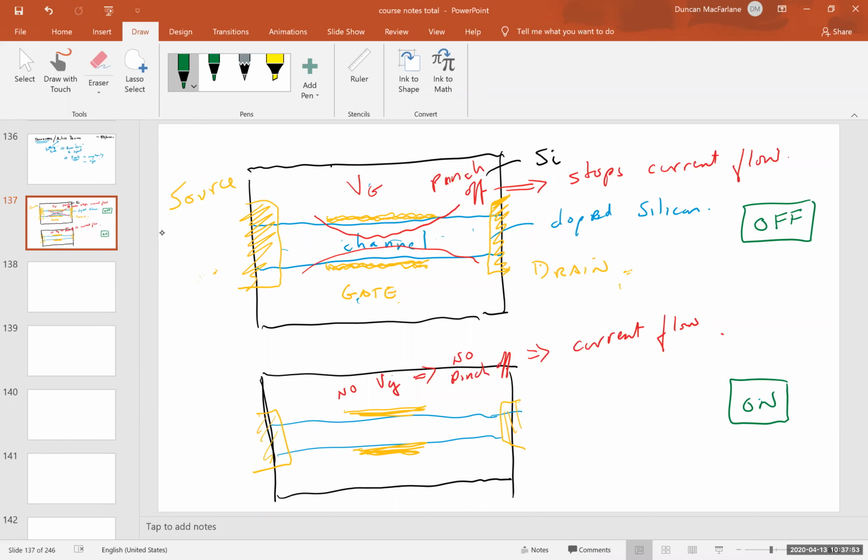If current is flowing, then I have an on. If current is not flowing, my transistor is off. And because this voltage here provides fields to control this current, this type of transistor is called a field effect transistor, or a FET.